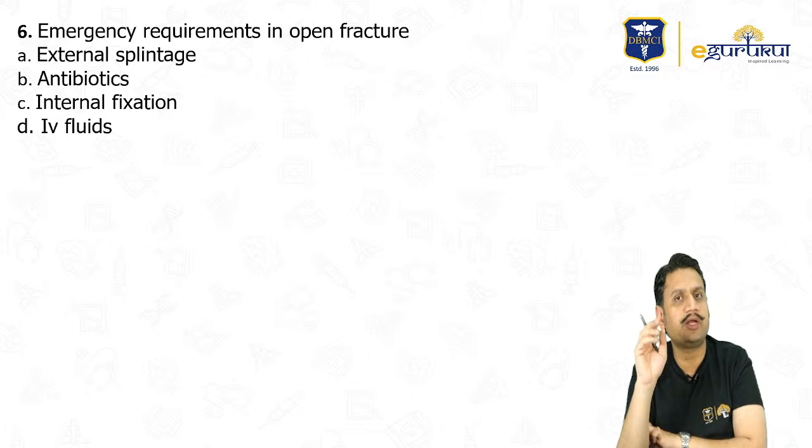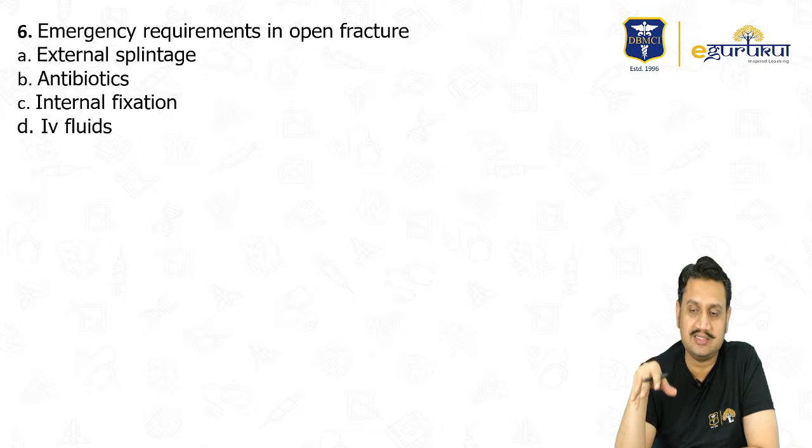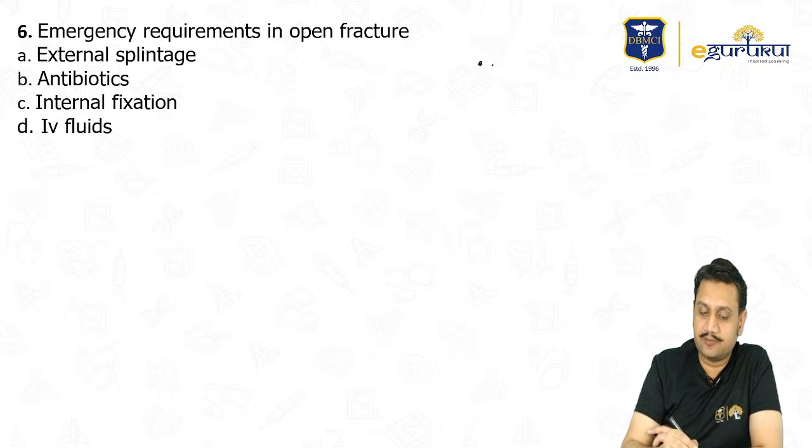Now guys, if you recall again, in the last few years of the INI, starting from the year 2020, 21 and this year, all three years the INI has asked a question about external fixation. In the very first year, it was an image based question of the rail fixator. Do you recall that?